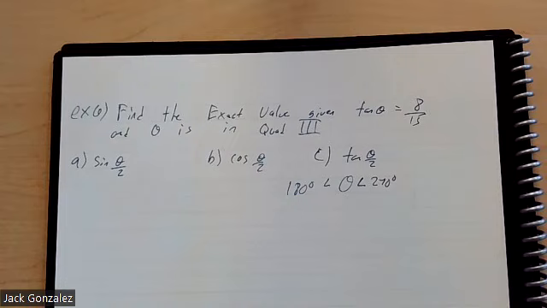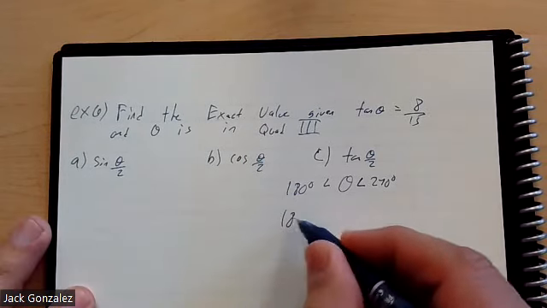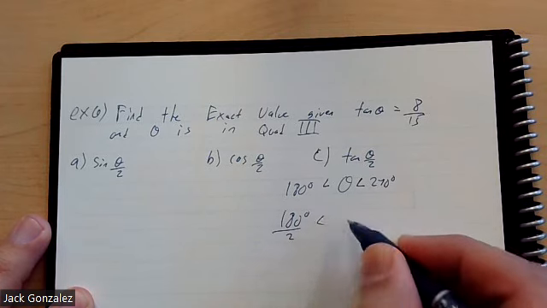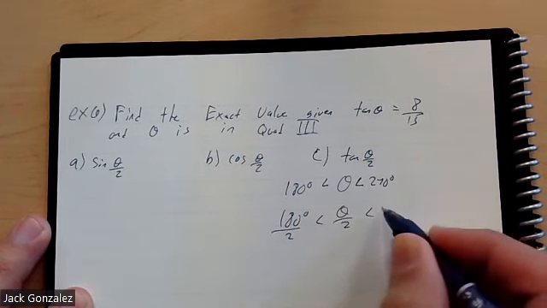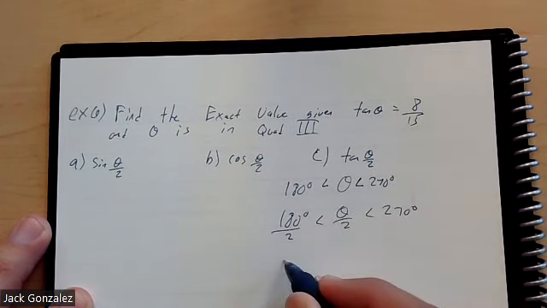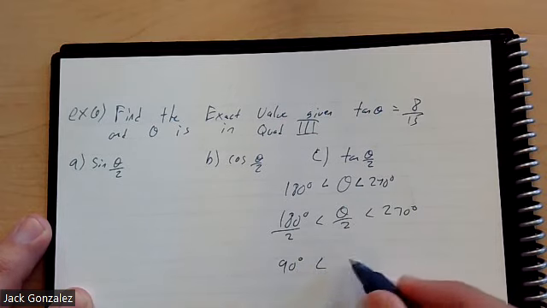Now, if theta is in quadrant 3, where is theta over 2? Where's half that angle? In order to find it, you have to divide everything by 2. So where is theta over 2?